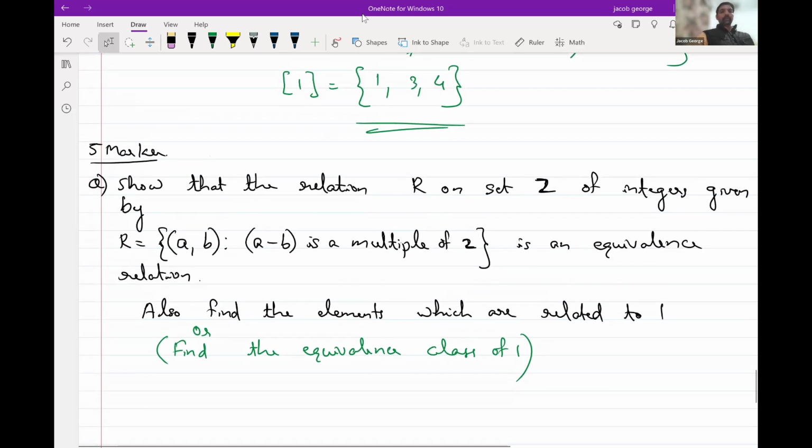I'll give you an idea of this one, how to prove. The first part, I think you can easily try and write. For the first part, we have to prove 3 headings. What are the 3 subheadings for an equivalence relation? Reflexive, symmetric, and transitive. For reflexive, you will prove (a, a). Here, instead of (x, x), we use a. So we take a from the basic set.